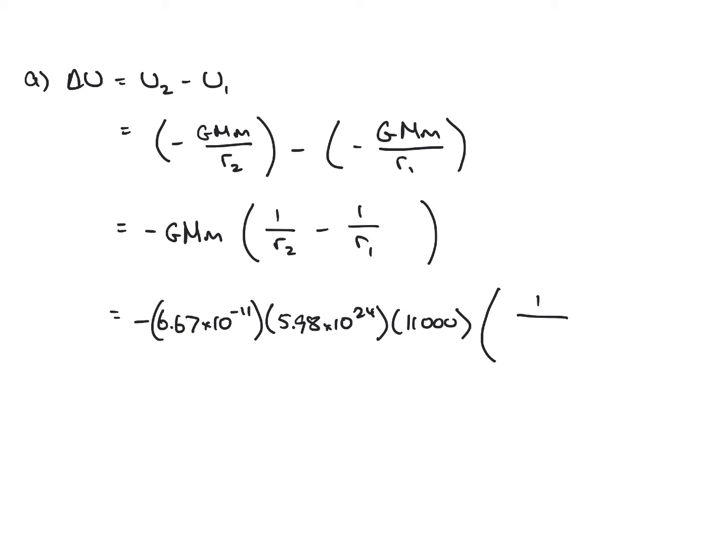So that's what we calculated as 6.92 times 10 to the 6. Minus 1 over the starting distance, which is the radius of the Earth, 6.38 times 10 to the 6. Okay, I'm going to try to put that all in the calculator without making a mistake. So wish me luck.